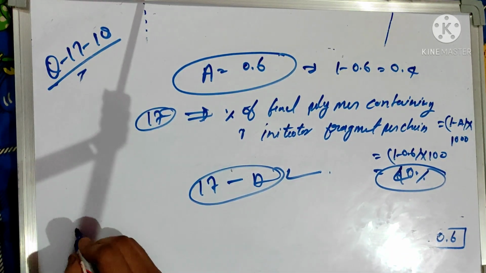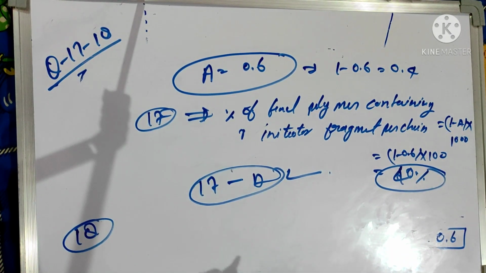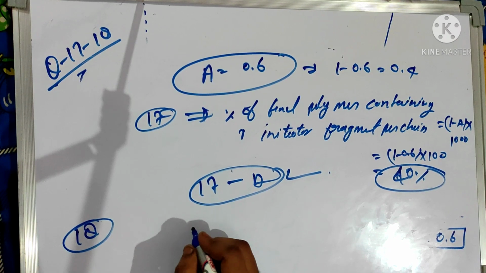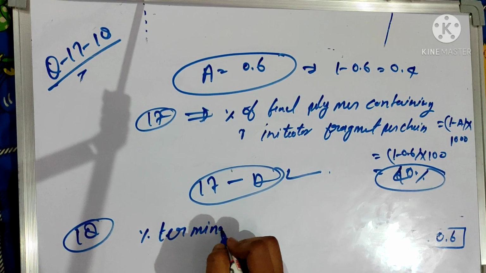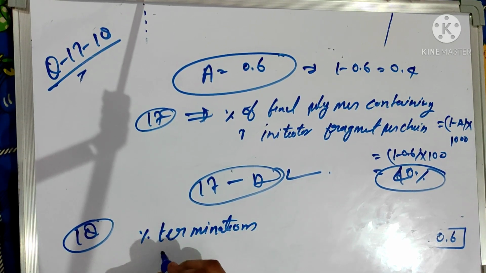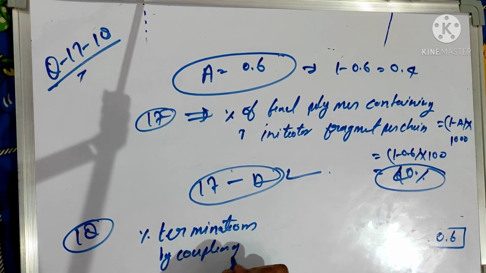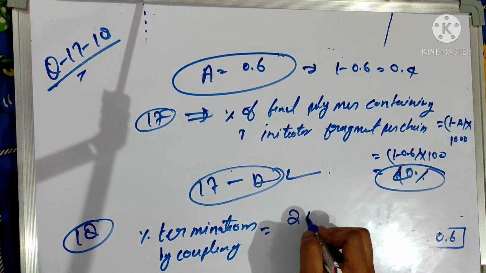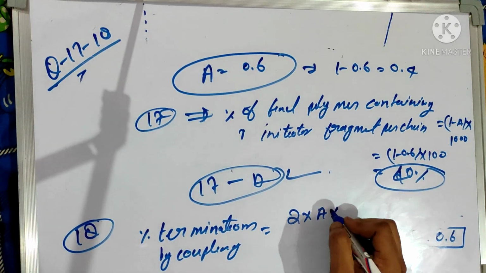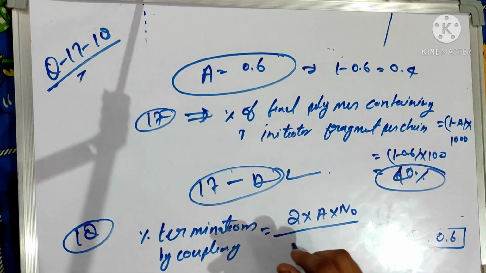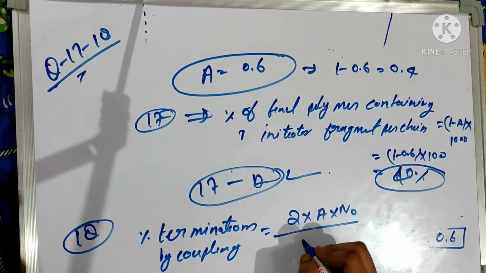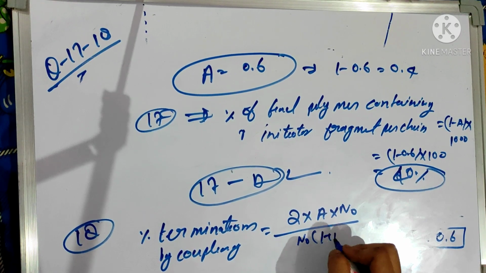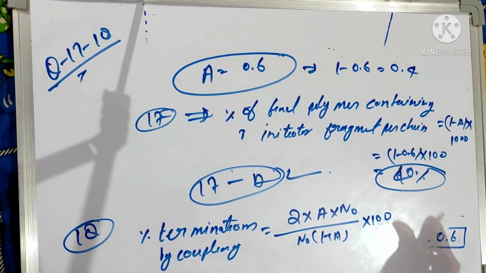In question number 18, it is given that termination is done by coupling, and the percentage of termination done by coupling is 2 into A into N0 divided by the total number of fragments, N0 into 1 plus A, into 100.